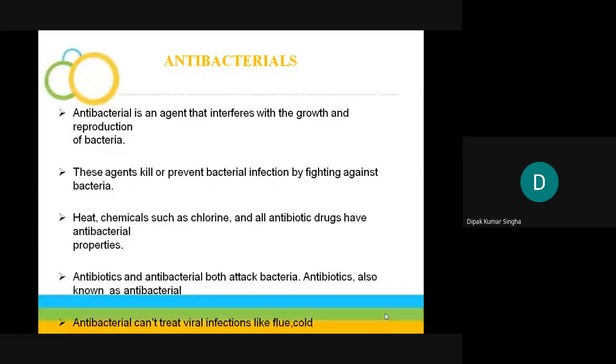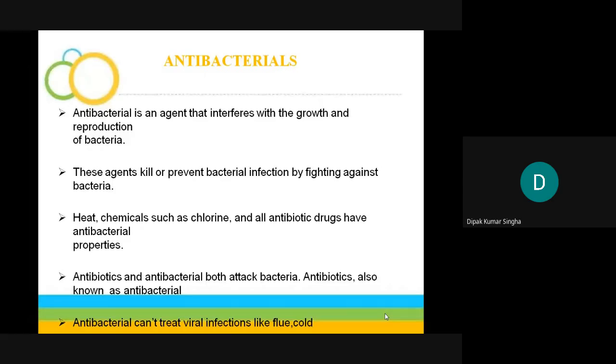All antibiotics, that means when used, I think most of the people, all of the people, take antibiotics at some time in their life. So antibiotic drugs have antibacterial property. Obviously all antibiotics are antibacterial, and not only antibacterial but also effective against other organisms.